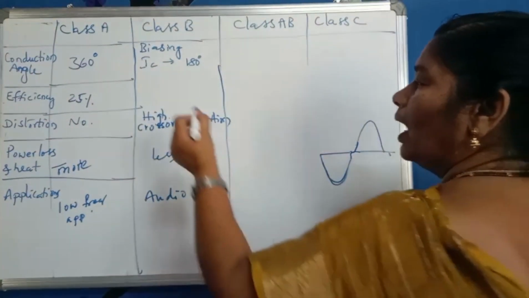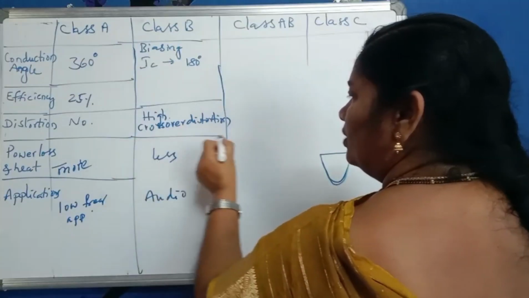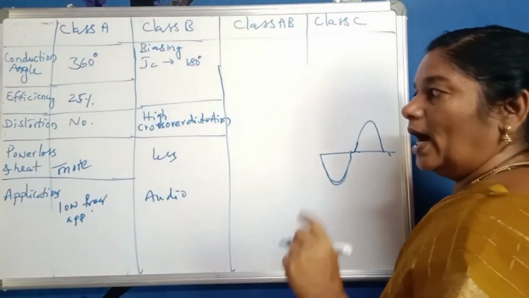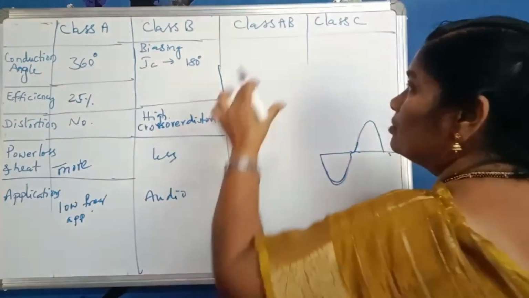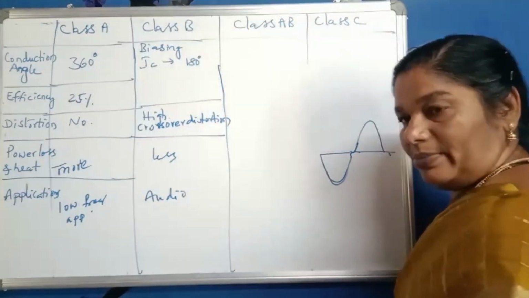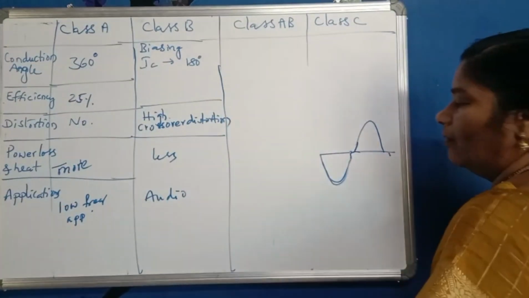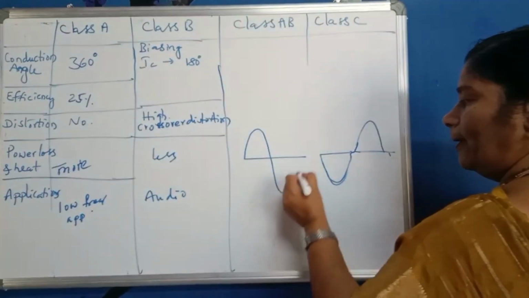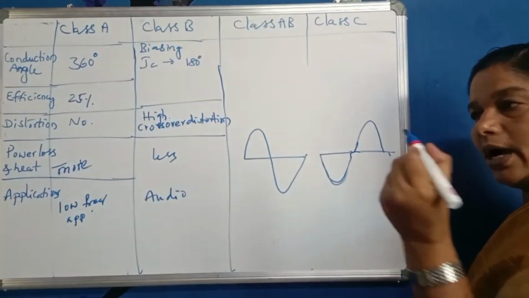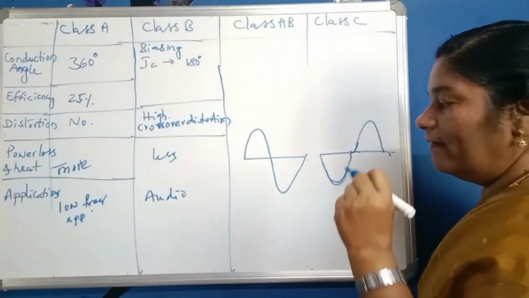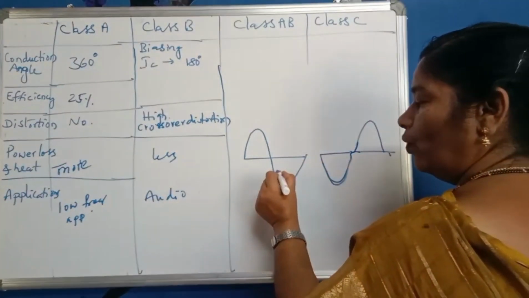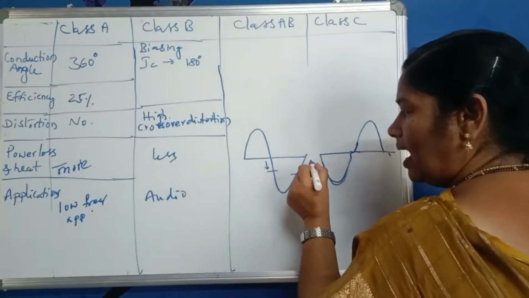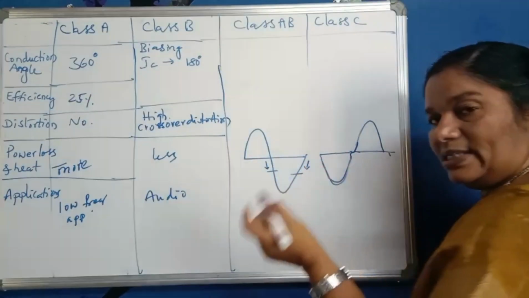Now this crossover distortion has to be reduced, and it was done using the class AB power amplifier. Class AB power amplifier is designed in such a way that the collector current IC will flow for more than 180 degrees and less than 360 degrees.